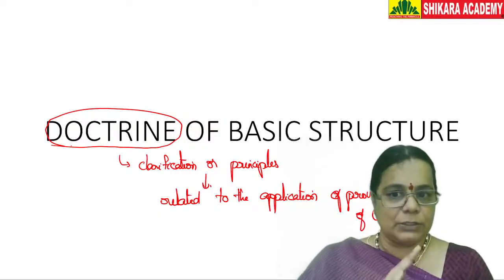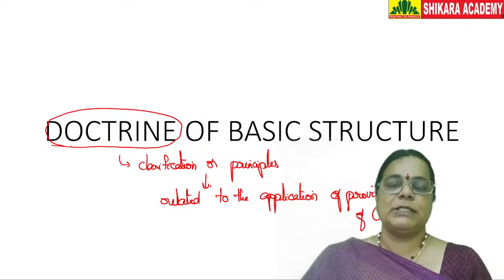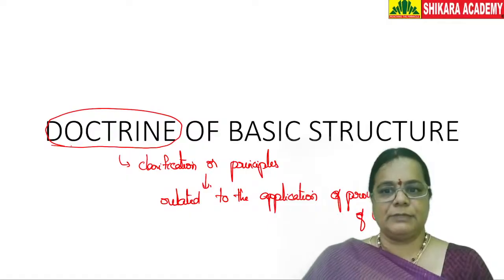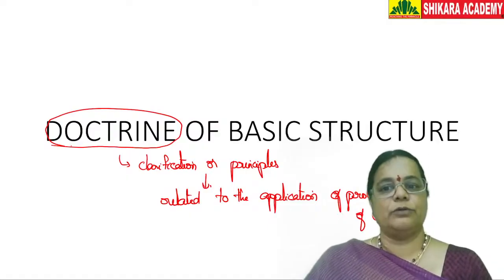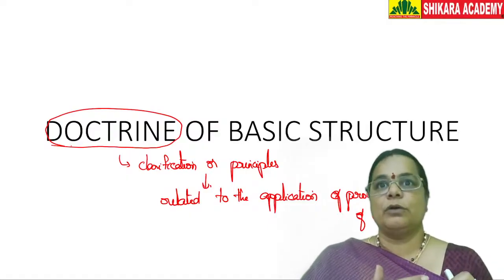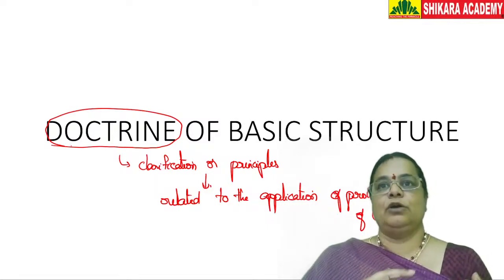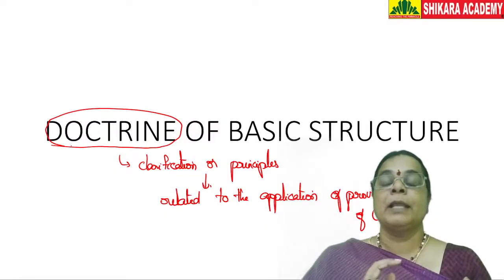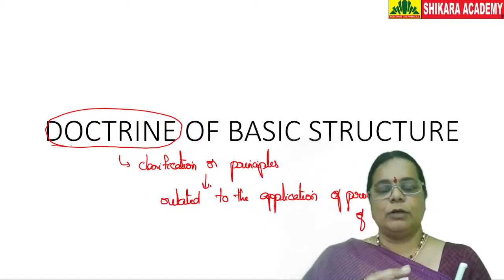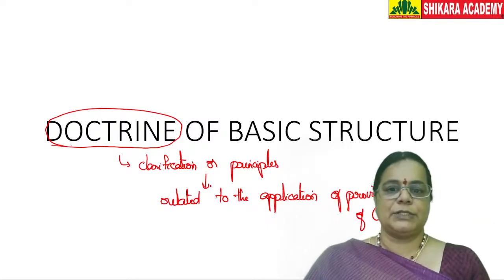Doctrine of basic structure is the most important, but otherwise, you also have doctrine of reasonable classification, doctrine of severability, doctrine of eclipse. We talk about doctrine of essentiality, doctrine of waiver, doctrine of pith and substance, doctrine of colorable legislation. So there are many doctrines that we come across in the course of our discussion.